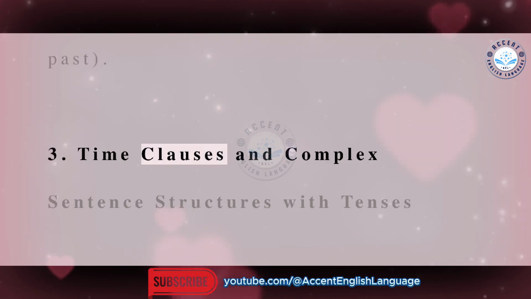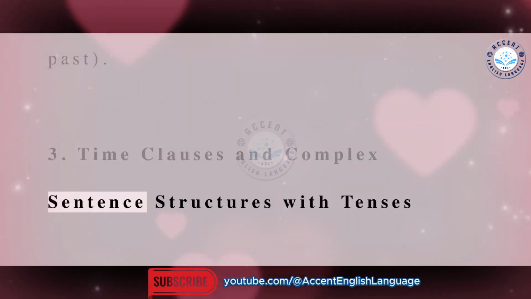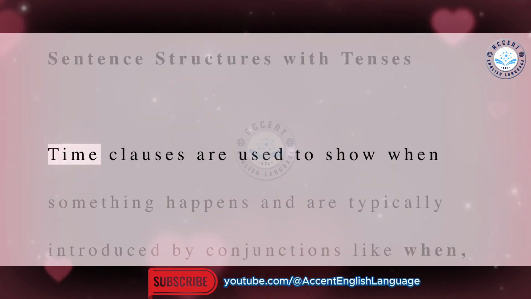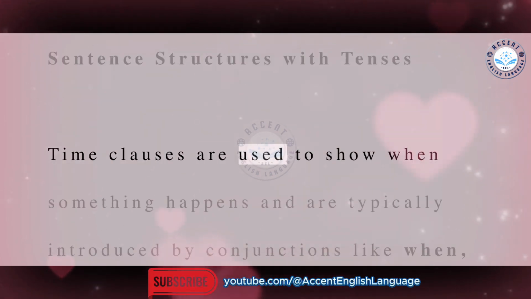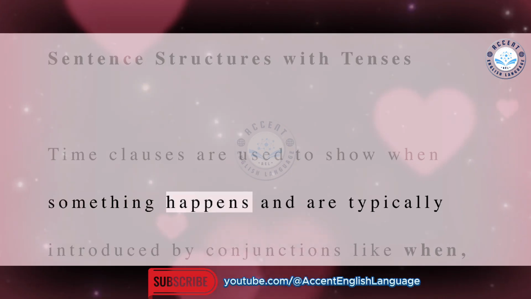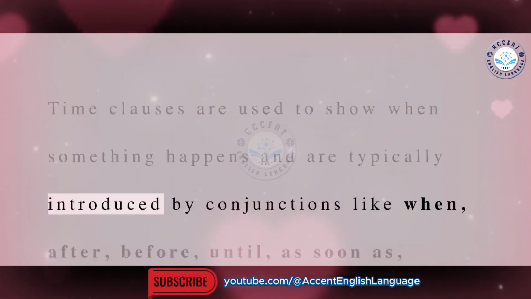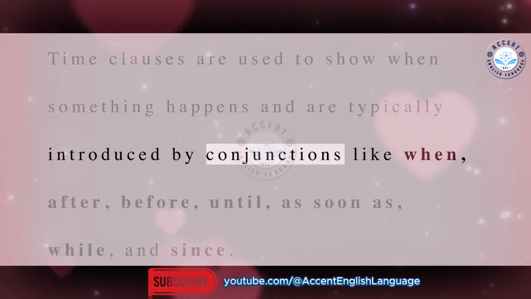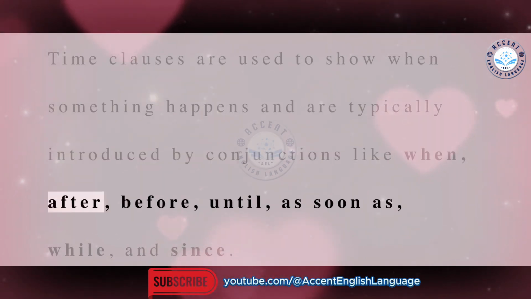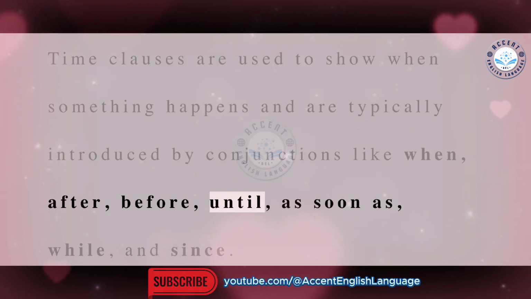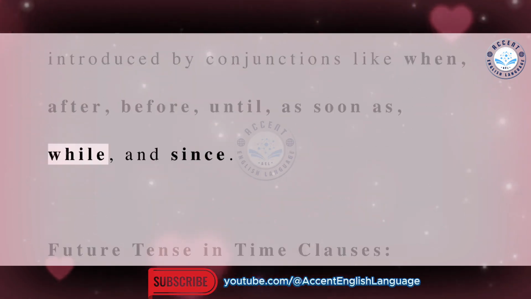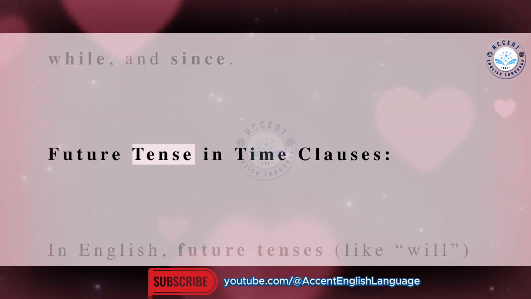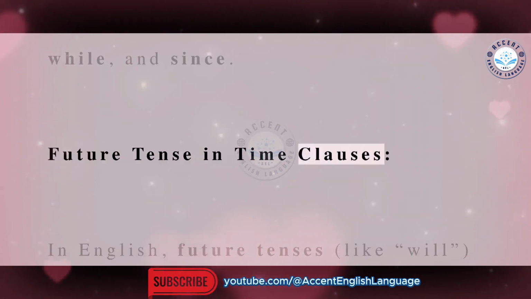3. Time clauses and complex sentence structures with tenses. Time clauses are used to show when something happens and are typically introduced by conjunctions like when, after, before, until, as soon as, while, and since. Future tense in time clauses.